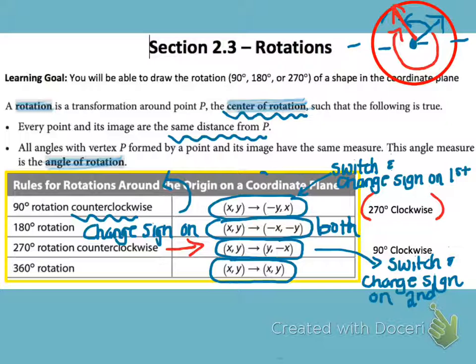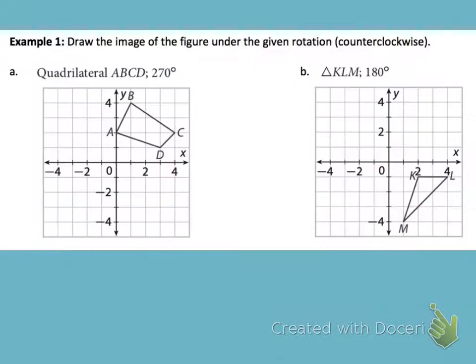It's going to take the x, y coordinates and map them onto y, comma, opposite of x. So remember we made a little note on this one that was switch and change the sign on the second coordinate. So that's all we have to do, is we just have to write down this rule. We're going to make the x the y, and then we're going to take what was the x and make it the opposite. And so this is the rule we're going to apply.